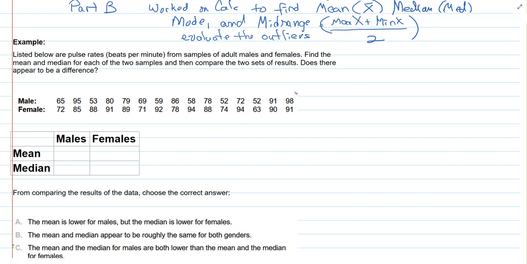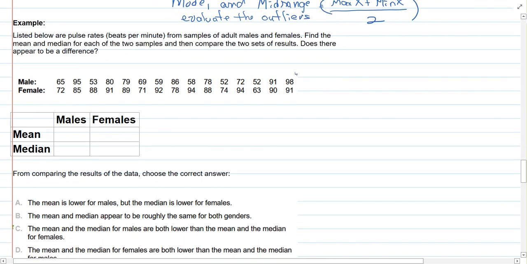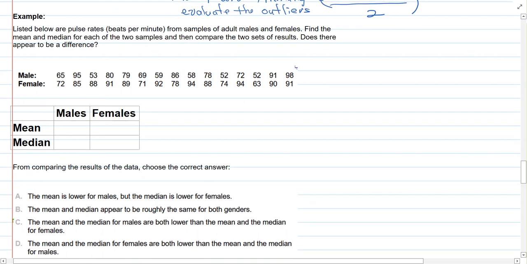So we're going to do more examples, and each one gets us more involved with the analysis aspect of data. The first one, we found outliers, and that's always a criteria. But on this next one, we're finding the mean and the median for the data and then comparing it.